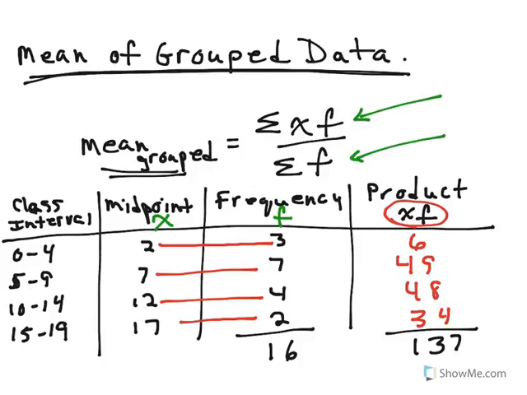Using our formula, we now take our grouped mean, I'm going to abbreviate that GM, is the sum of all the products, 137, divided by the sum of all the frequencies, 16. So our group mean is 8.56, and we can round that off usually to 9, the next whole number up.